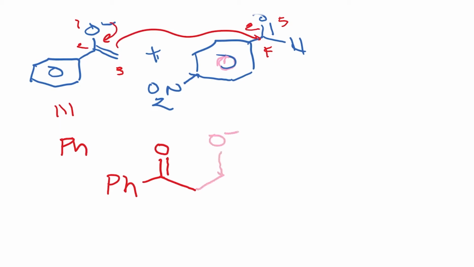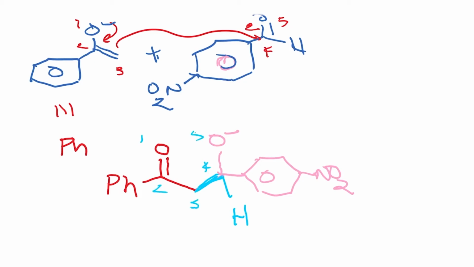This is O minus, and this is 4-nitrophenyl, and this is hydrogen. So this is the kind of reaction that can occur. Let me complete the numbering so that we can go forward with this reaction: 1, 2, 3, 4, and 5. Now you can propose a reaction.